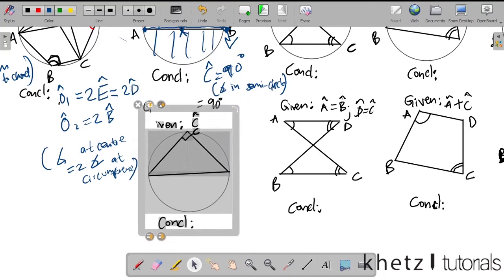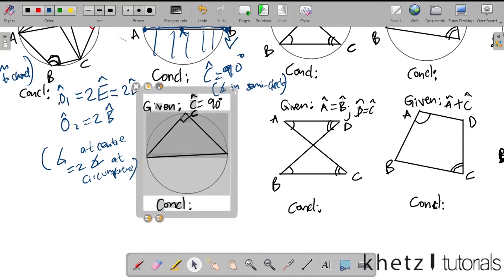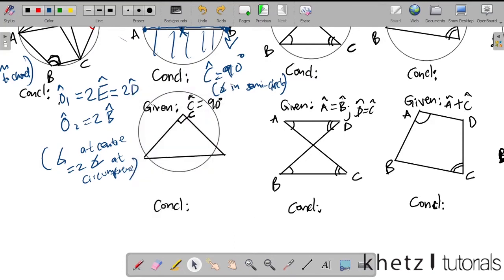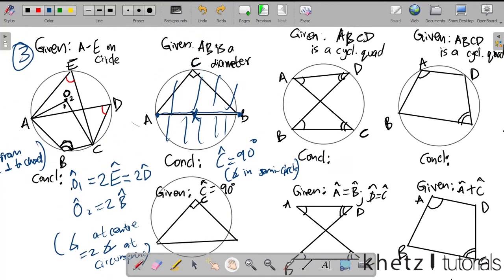So this one actually moves. Let me try to reselect it properly. So I'm just gonna select okay, and do that as well, and do that. I'm not quite sure what happened here. Okay, it doesn't really matter.